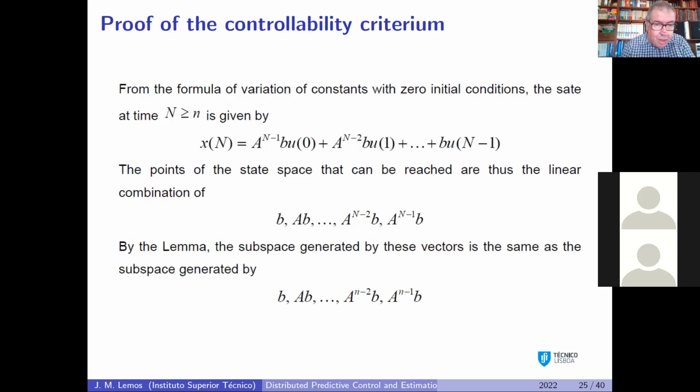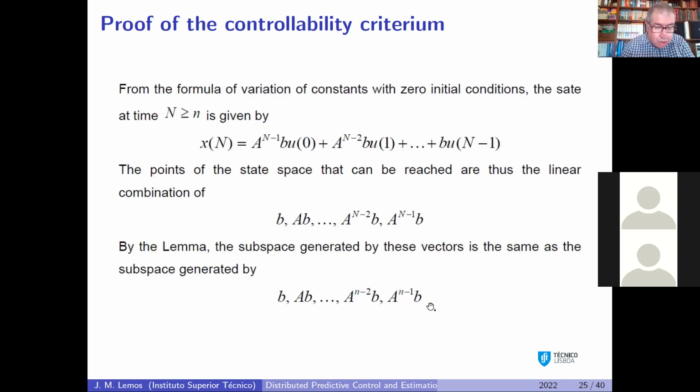So I can reach any state in n steps, provided that these vectors are linearly independent. If I go on to more time instants, I would not be adding anything. So the vectors that are important are the first n ones, between A^0 and A^(n-1). A^0 is the identity, so you don't see it here.